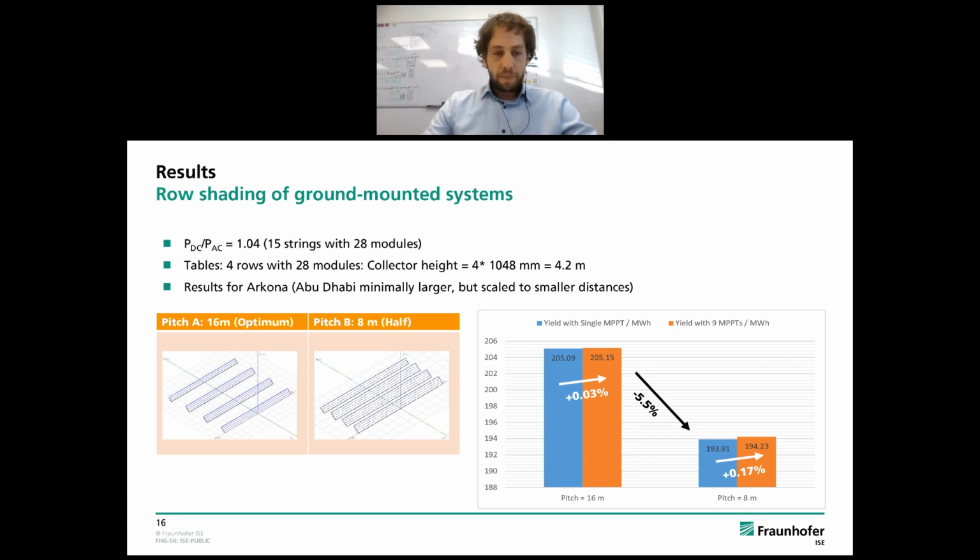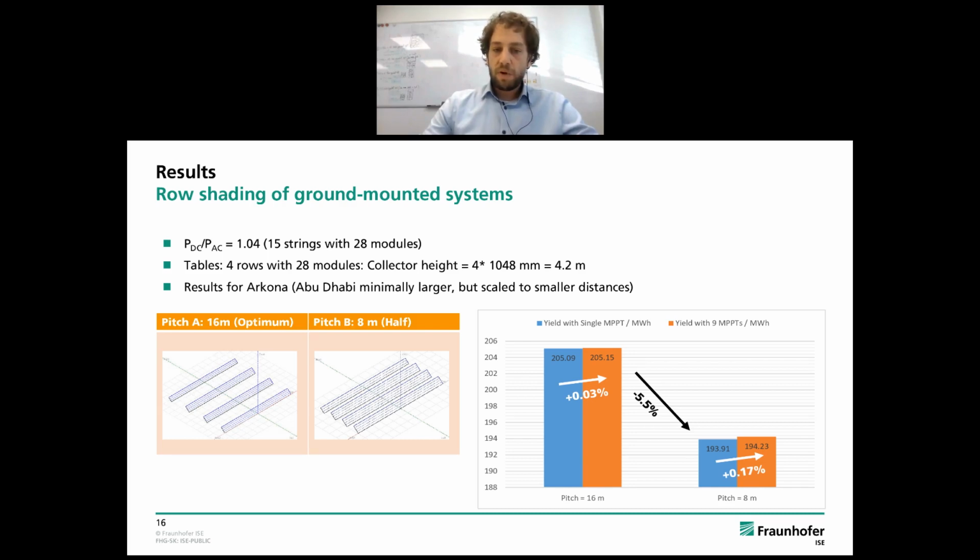Then we varied the pitch distance between the rows, and you see that if you go from 16 meters, which is kind of the optimum distance regarding shading losses because then you have almost no shading losses, and you decrease the pitch by a factor of 2, you lose energy, and the energy loss caused by shading is in the range of minus 5.5%.